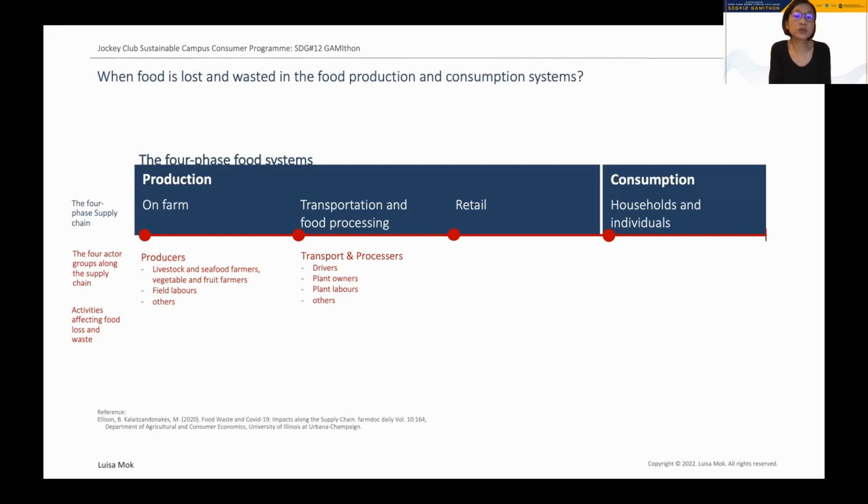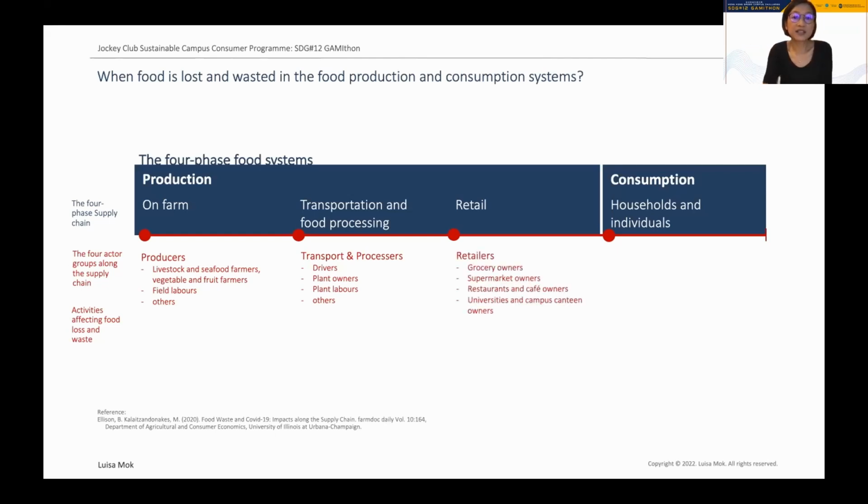Imagine, for example, during COVID, when some drivers or workers are sick, they cannot go to the farm, then maybe some berries cannot be picked, or some food cannot be driven from the farm to the plants or to ports for exporting to other countries. Then the food will get spoiled or expired, and it cannot be eaten anymore. So it does have a great impact on the food in the systems.